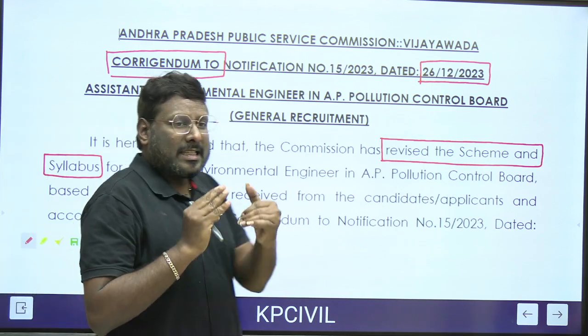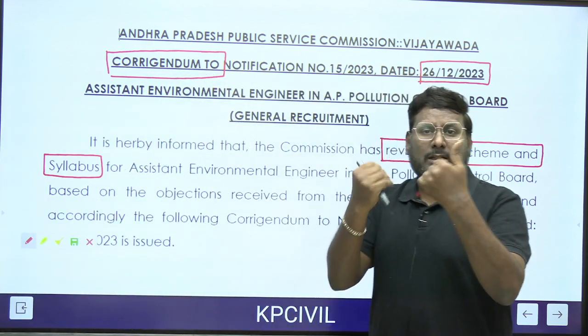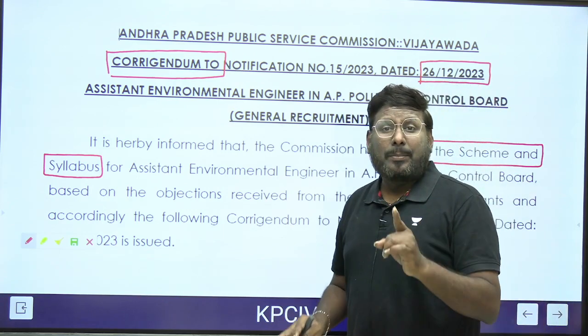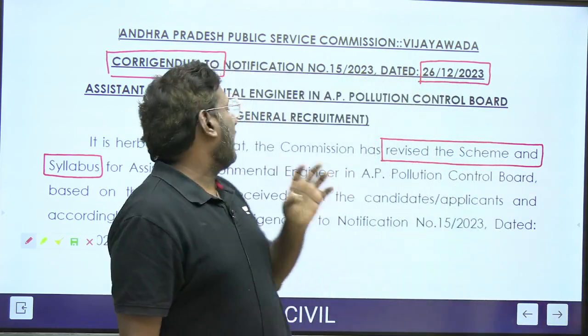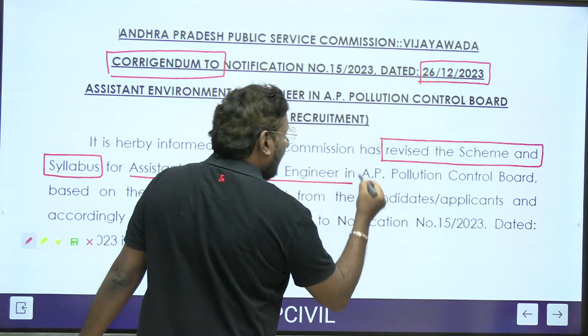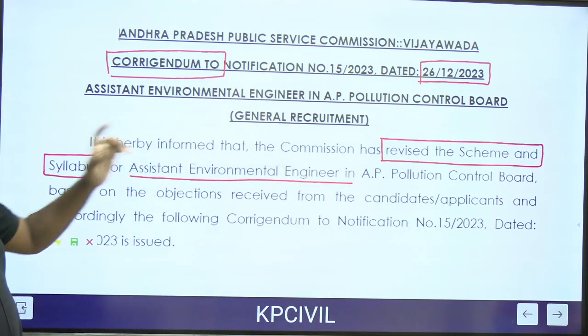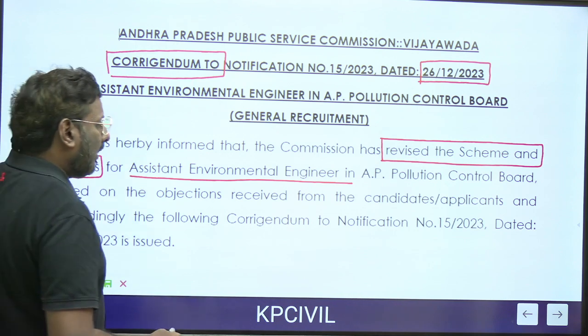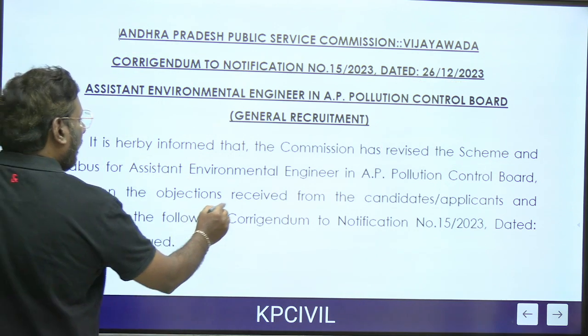Exam pattern, number of papers and syllabus are all revised for Assistant Environmental Engineer in AP Pollution Control Board, APPCB. So according to that, we have a new syllabus and revised scheme.